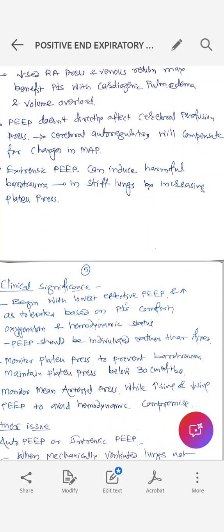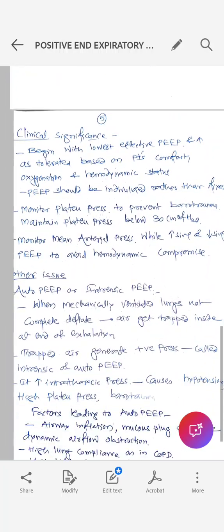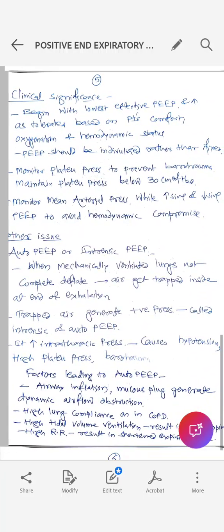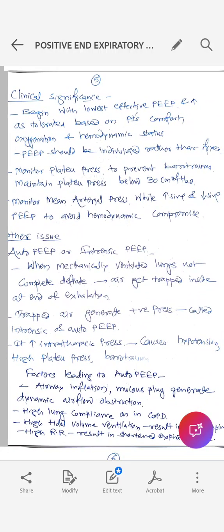PEEP does not directly affect cerebral perfusion pressure. Cerebral autoregulation will compensate for changes in mean arterial pressure. Next, extrinsic PEEP can induce harmful barotrauma in stiff lungs by increasing plateau pressure.